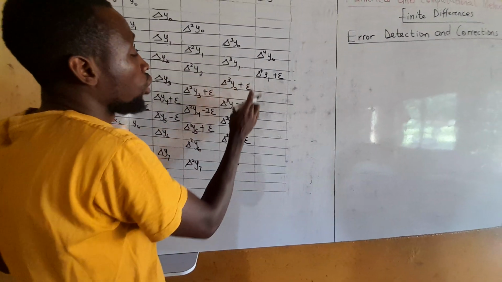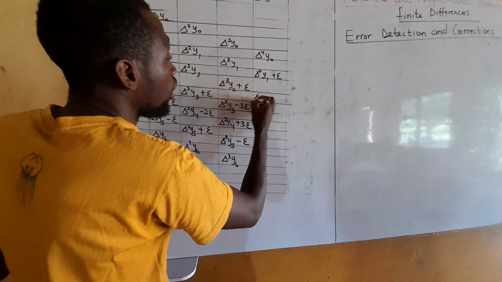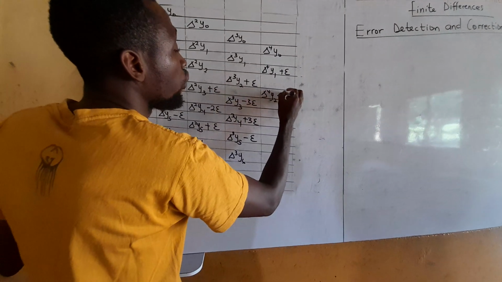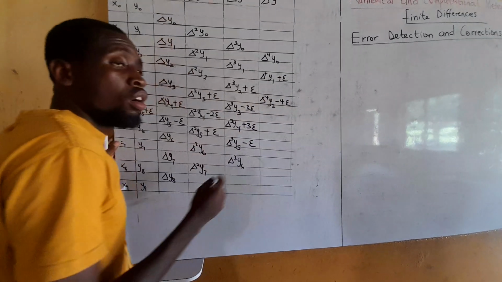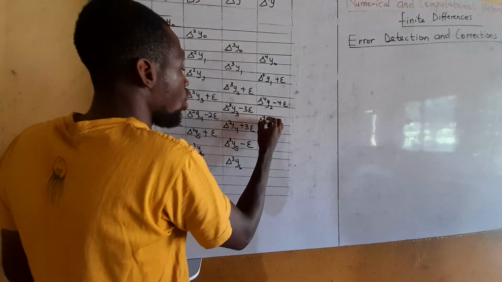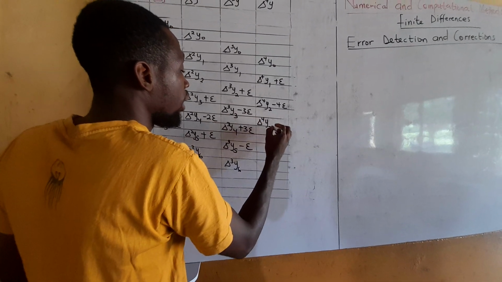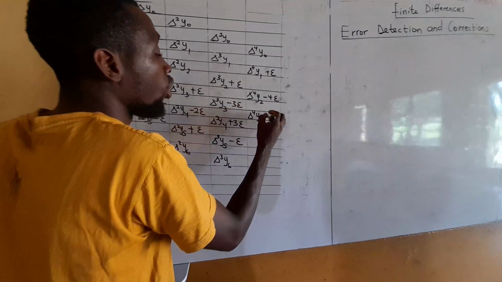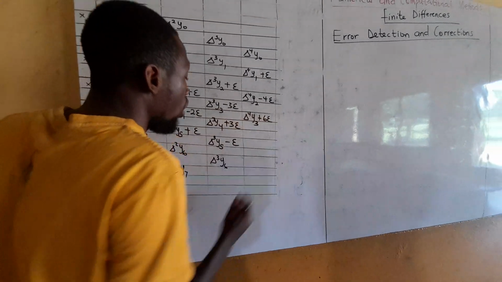Then this from this will be del 4 y2, then minus 4 error. Then this from this will be del 4 y3, plus 3 error minus negative 3 error, will be plus 6 error.